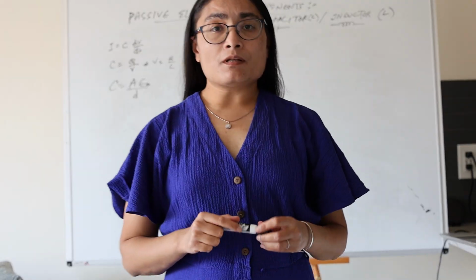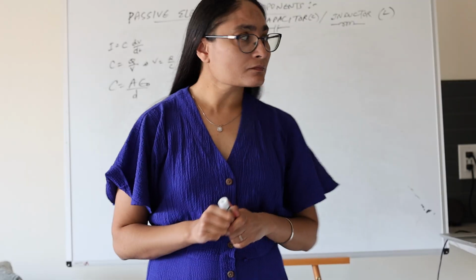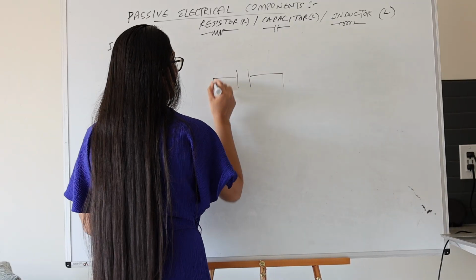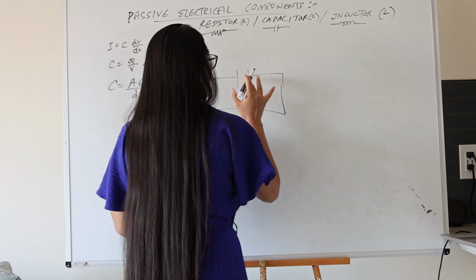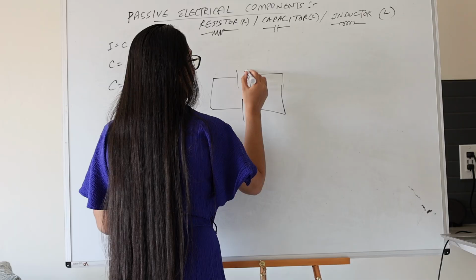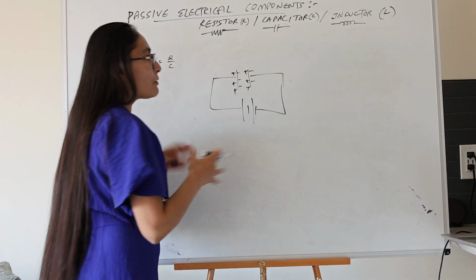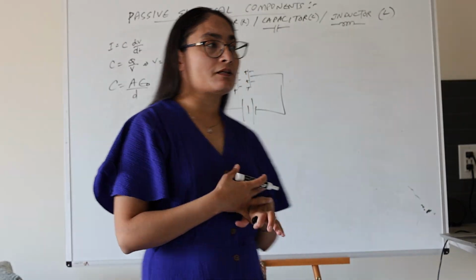The next thing that we want to learn about capacitors is the energy stored in the capacitors. As we just saw, when a capacitor is placed in an electric field, a charge is built up in it. The charge that is built up is stored in the form of energy, specifically electrostatic energy.